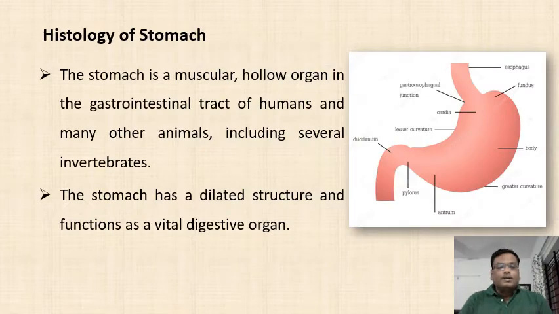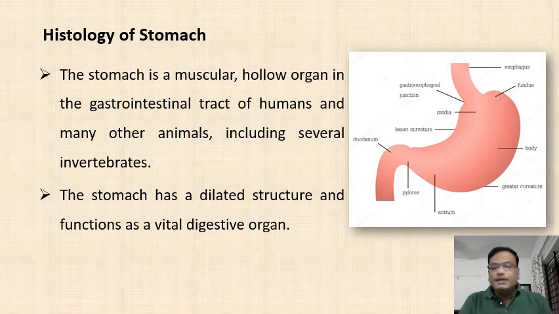Now the stomach is a highly muscular organ, and it is a hollow organ because there must be a lot of space for storing the food. And the stomach has a dilated structure and functions as a vital digestive organ.